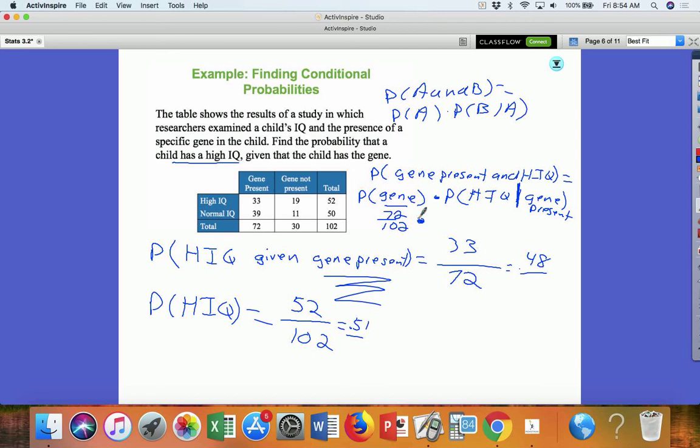Times the probability of having high IQ with this restriction, so what fraction here? 33 out of 72. I don't need you to reduce anything, but when you're multiplying fractions and you have factors in the top and the bottom that are the same, you could simplify this really quickly to this, at least. It would simplify further, but I'm not going to worry about that.